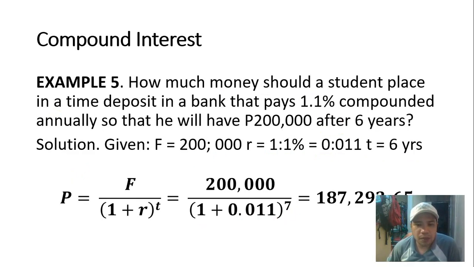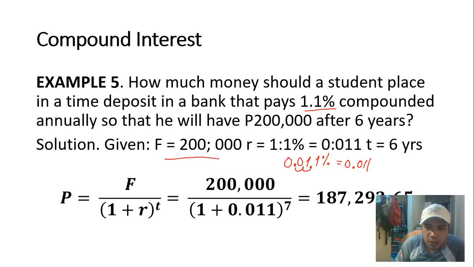Okay, last example. Let's try it on the calculator. How much money should a student place in a time deposit in a bank that pays 1.1% to have 200,000 in 6 years? So 1.1% is 0.011.